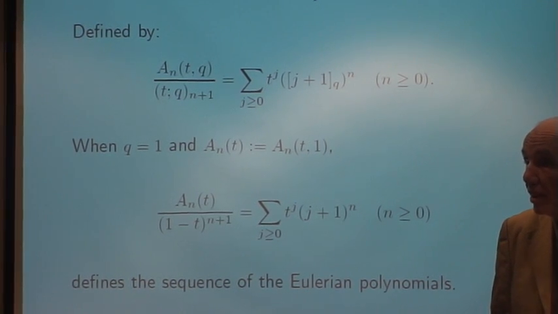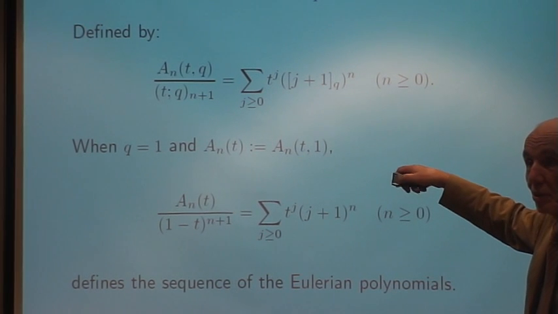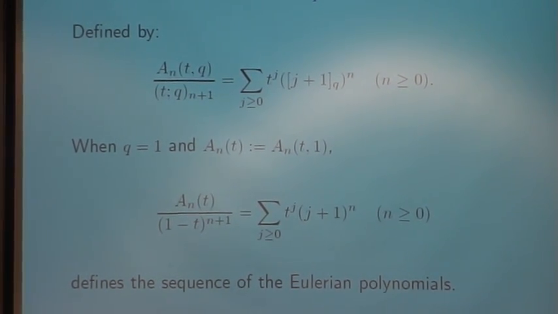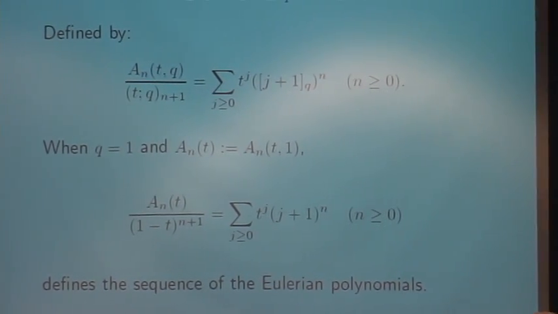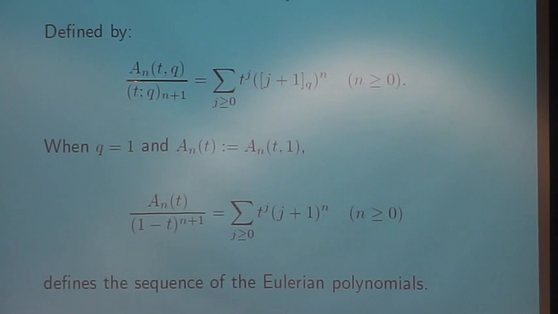Usually you write plus, plus, plus, and dots, etc. But actually, this is already in Euler. This is the way we read Euler today. And what Carlitz had done, Carlitz has replaced this by this expression. When you plug q equal 1 here, you have this.